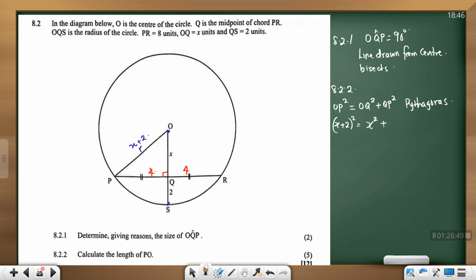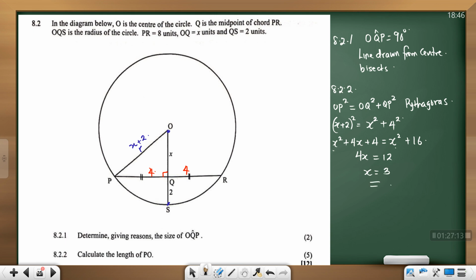X squared. What is QP? All this gives you x squared plus 4x plus 4 equals x squared. Alright, first the x squared cancels each other already. So what is 4x? 12. What is x? And we are done. 5 marks in the bag.